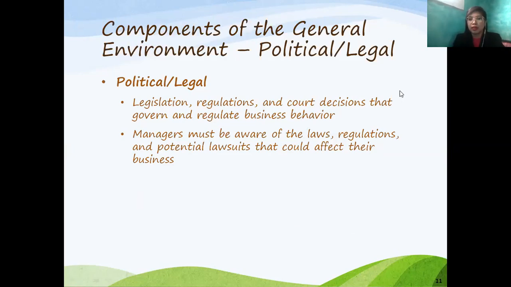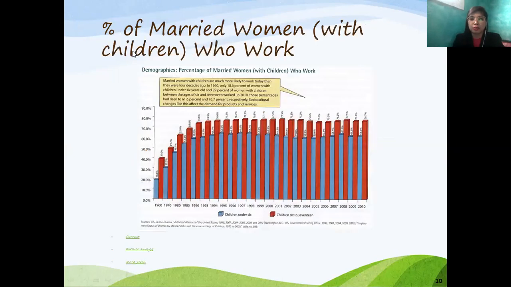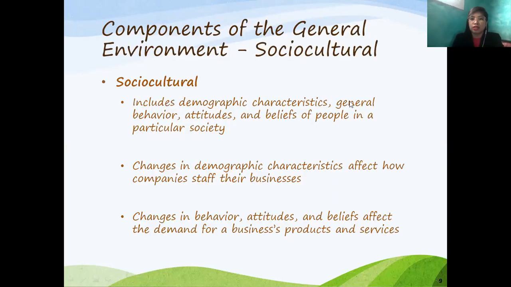So why do you think the percentage of married women working is going up as the years pass? Because of the social cultural component of the general environment. As they see women working, others are inspired to work as well.